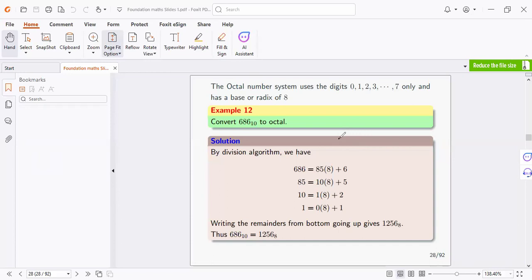So somebody will ask, what about if I have a decimal number that has a whole number part, let me say like 2686.25, and I was to convert it to octal. What I will do, I'll convert this part first using this method, and then take this decimal part and begin multiplying by 8 as I go down until I get a whole number.